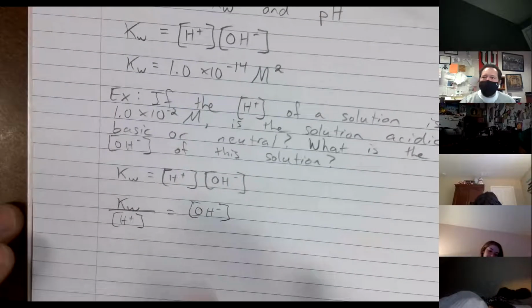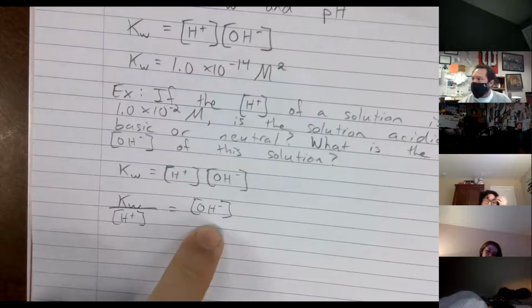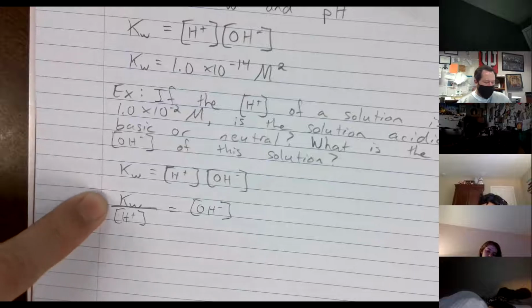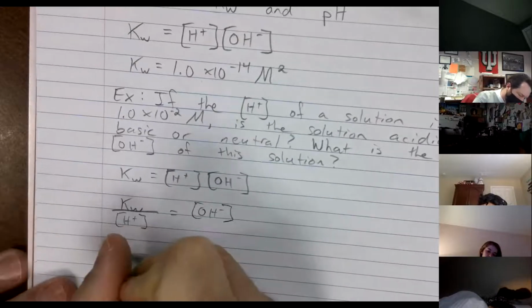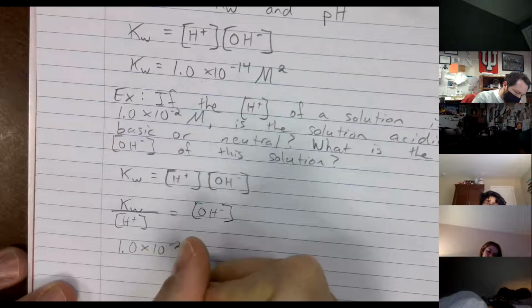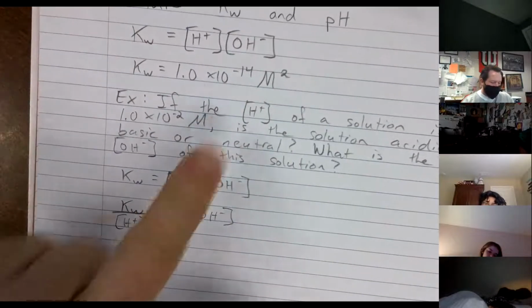Now that we have our variable all on the side by itself, we're ready to solve for it. So now we can go back in and start plugging in our numbers. We know our KW. Oops, that's my H plus concentration from the problem. KW was up here.